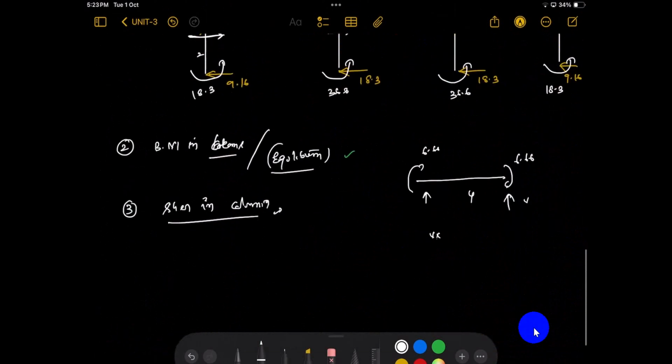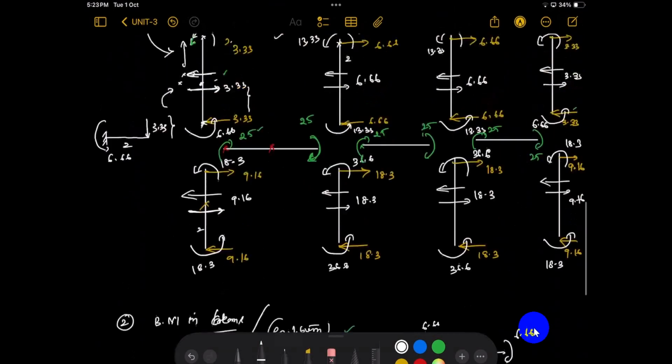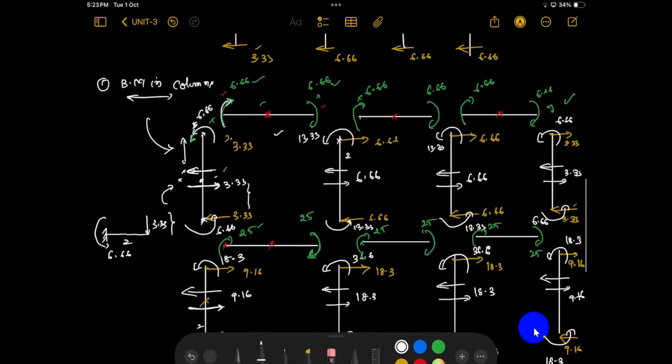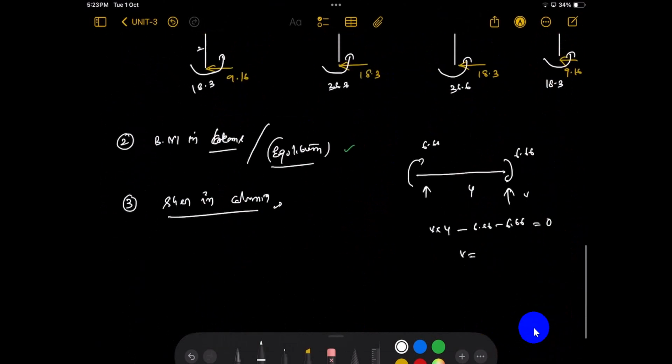So V multiplied by 4 minus 6.66 minus 6.66 equals 0. So what is V? 6.66 plus 6.66 is 13.33, divided by 4. 13.33 divided by 4 is 3.33.